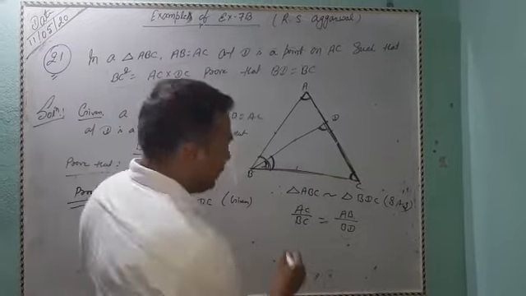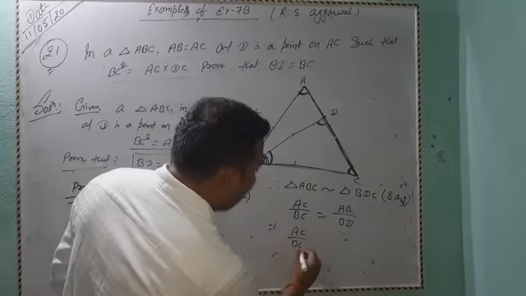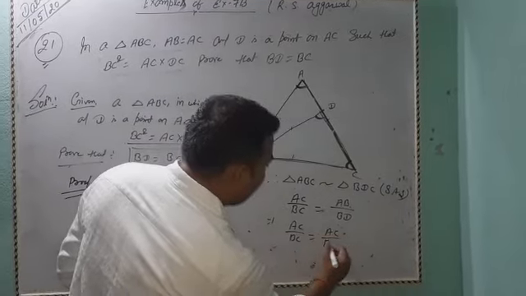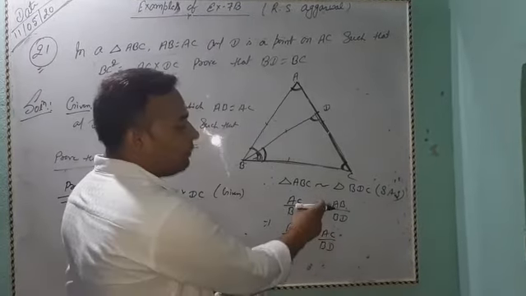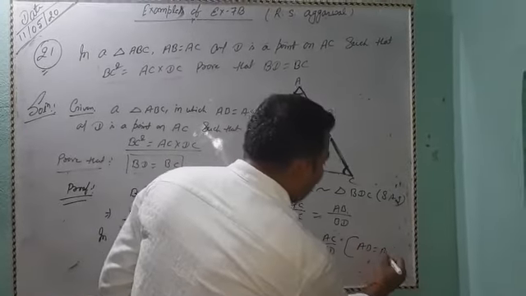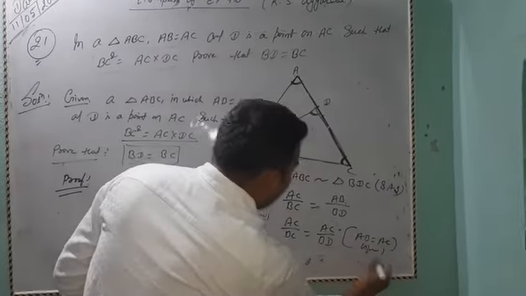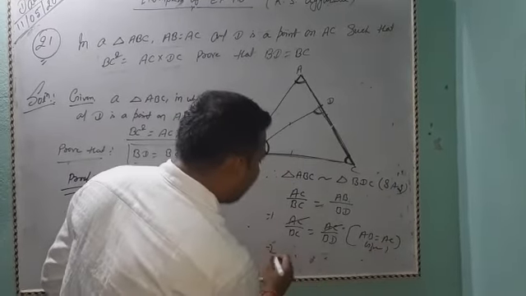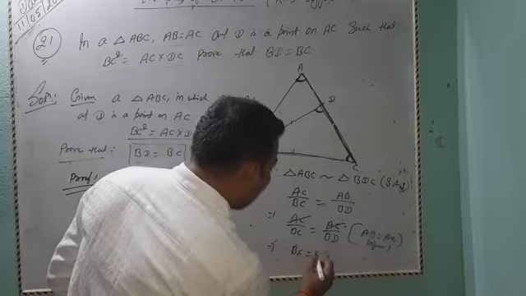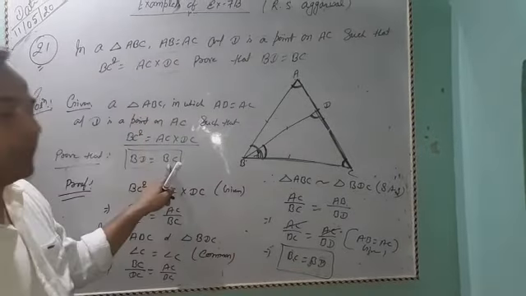Then AC by BC equals AC by BD, because we put the value of AB equal to AC, which is given. So AC is cancelled by cross multiplication. BC equals BD. True.